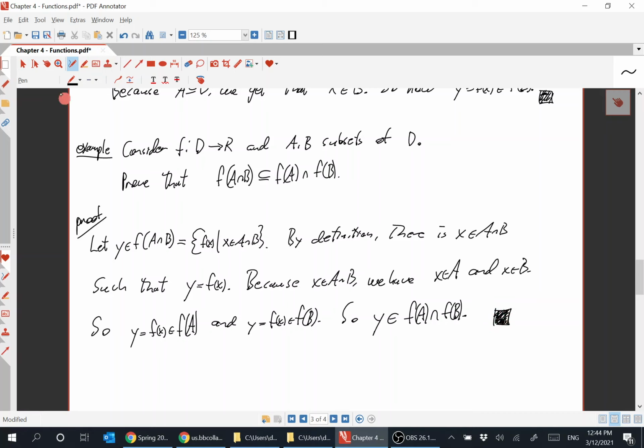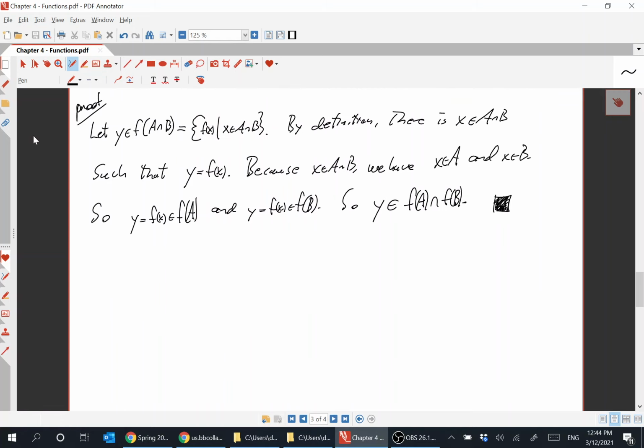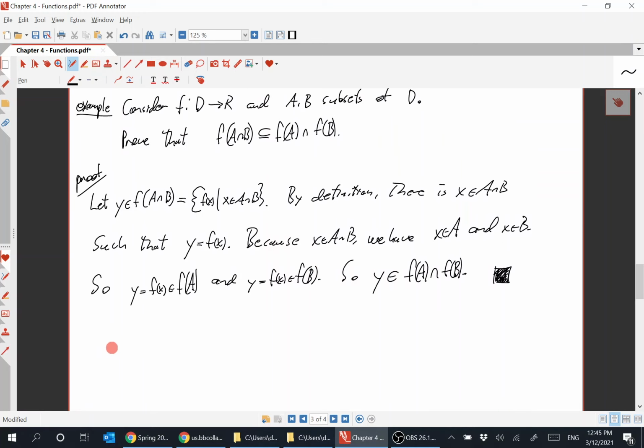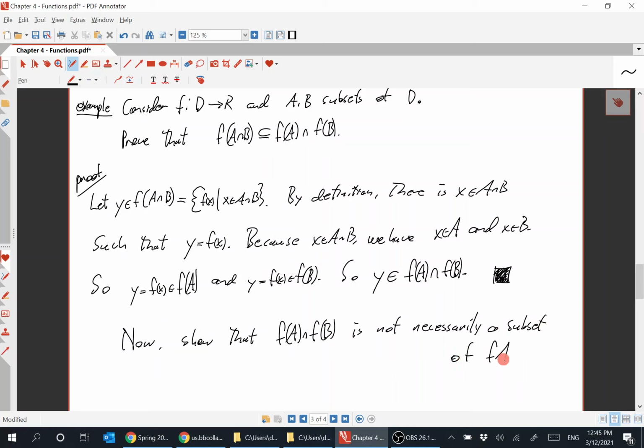All right. How about this? Okay. So prove that, now, show that f, the image of A intersection image of B, is not necessarily a subset of the image of A intersection B. How do you show not necessarily?